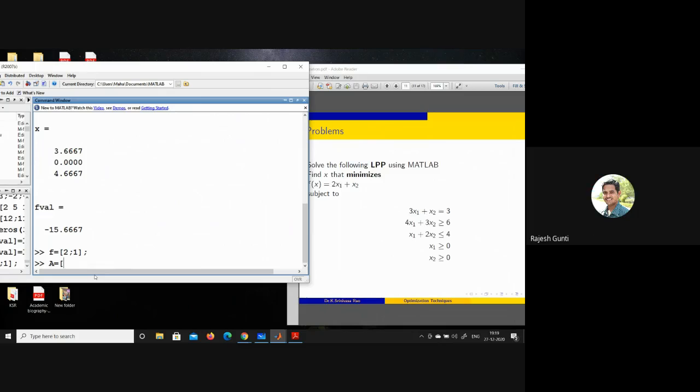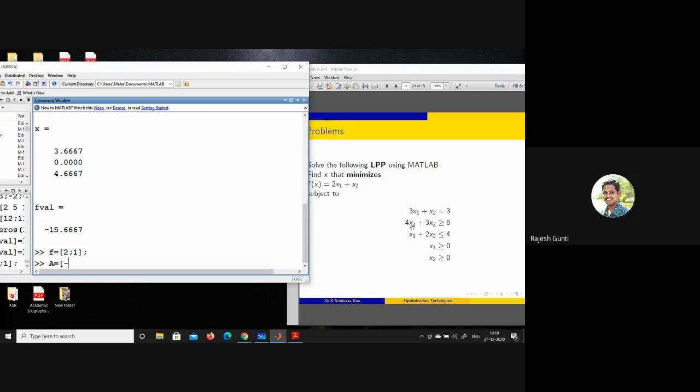Yes, sir. A means inequality constraints. We need to take from the equations. Tell me the inequality constraint. What is the matrix corresponding to inequality constraints? 3, 1 is the equality constraint.